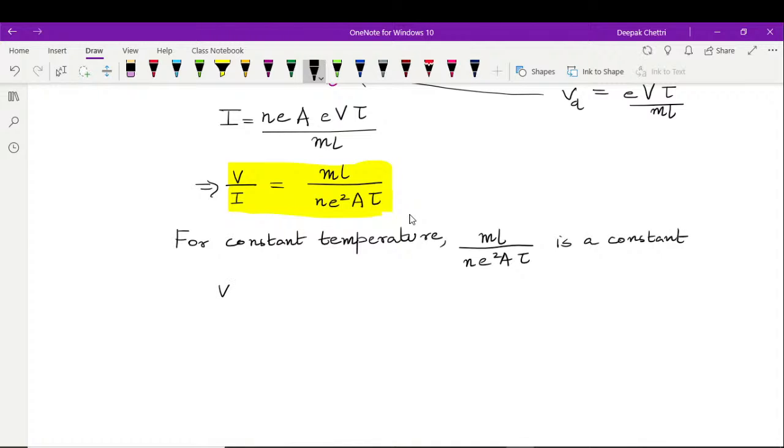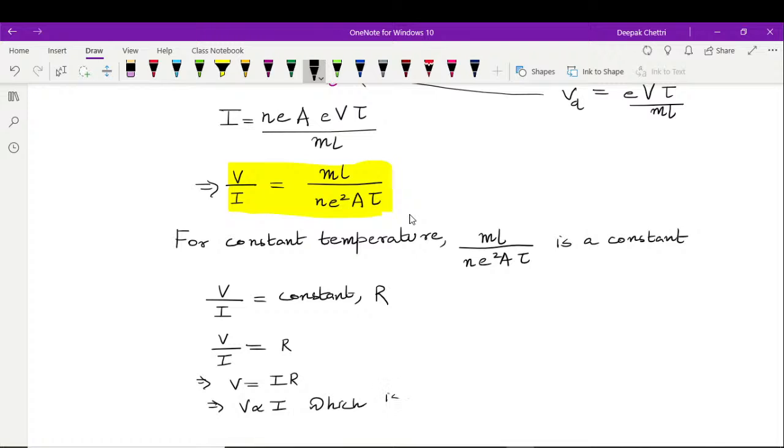So therefore V by I will be equal to a constant, and that constant we call resistance. This constant is called resistance. Right, so now if I rearrange, this will be equal to IR, or I can write V is directly proportional to I, which is Ohm's law. Okay, so this is Ohm's law.